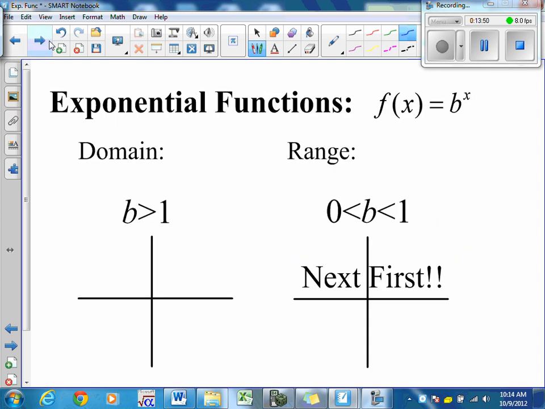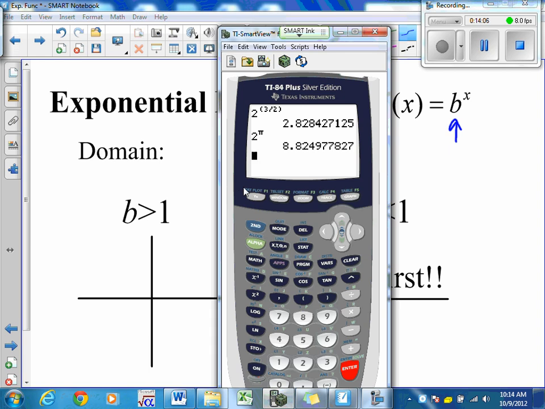Now let's talk about the graph of these functions. Now we've already looked at these a little bit with our parent functions. If our base, our b, is greater than 1, let's say like our 2 to the x, we could graph this and graph 2 to the x.